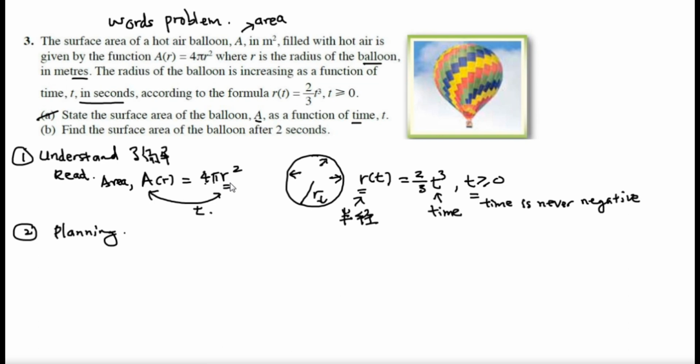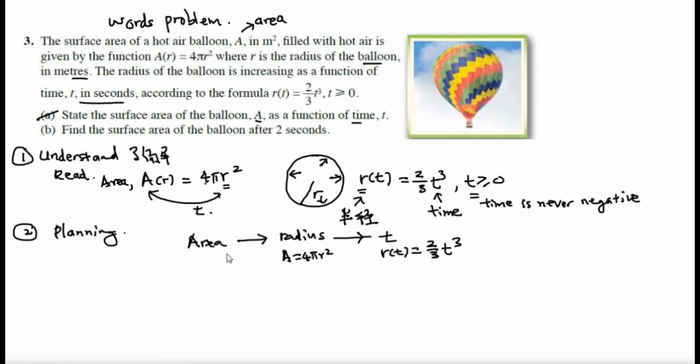So now we have 3 different quantities: one is area, one is radius, one is time. Area is related to radius, where area is equal to 4 pi r squared, and radius is related to time, where radius is 2 over t cubed.